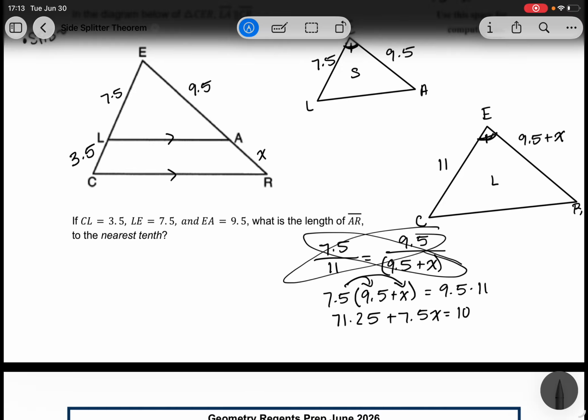So that would be 104.5. In this case, it's slightly different because we only have one variable term, but we have two constants. So we want to move the constant on the left to the right, since the one on the right is already by itself. It's already isolated. So we're going to subtract both sides by 71.25, to cancel out the 71.25 on the left side.